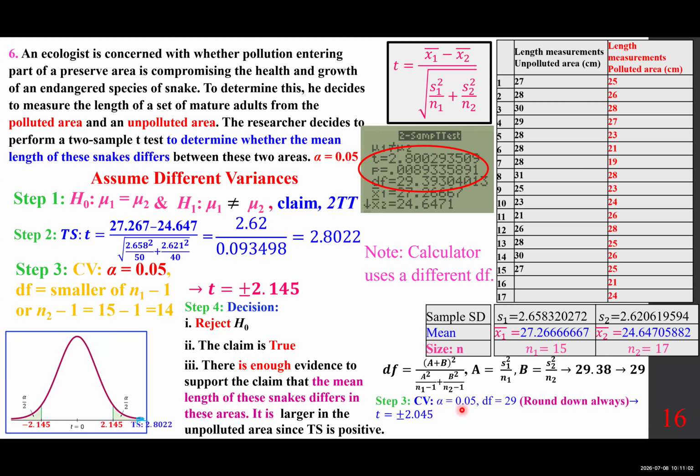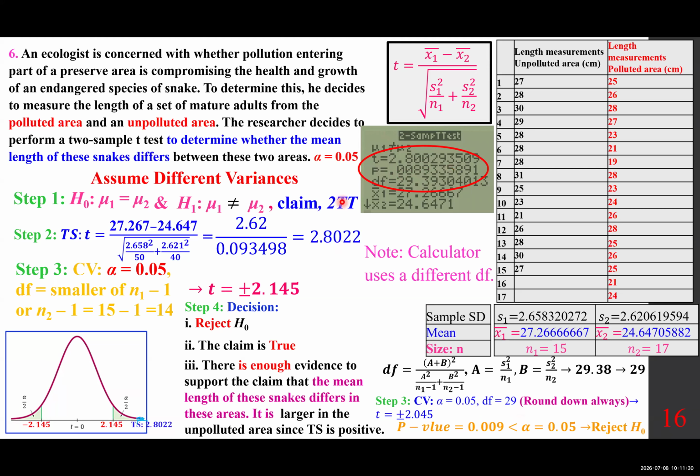Step 3, critical value: alpha is 0.05, degrees of freedom is 29, round down always, plus or minus 2.045. And the p-value is 0.009. Take a look here, 0.00. If you stop here, you change the 8 to 9 because next to it is 9, which is less than alpha of 0.05, and reject H0.